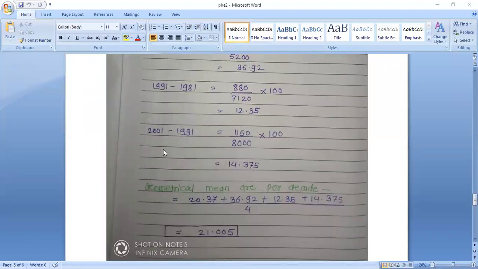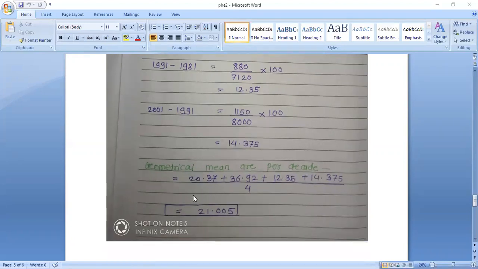12.35. Then for the years 1991 and 2001, the population for 1991 is 8000 and the increase in population for 2001 is 1150 into 100, that is the value is 14.37.